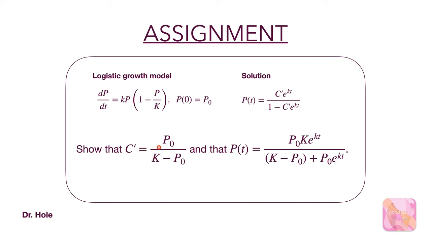And then after verifying that the C prime takes this form, then go to the solution P of t and show that P of t, instead of written out in C primes, can be written out as this second expression. So it's just plugging in and doing algebra. Good. So two parts to this assignment.